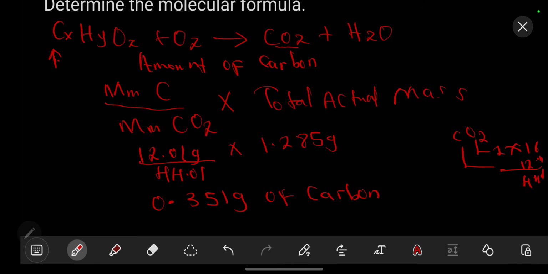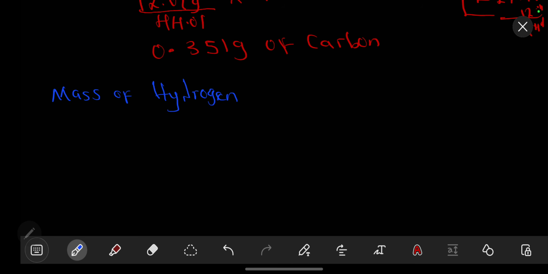We cannot go direct to find the mass of oxygen because it is also reacting with another oxygen. So the mass is mixed for oxygen. Therefore, we are going to first find the mass of hydrogen. To find the mass of hydrogen, what are we going to do? We use the same concept which I have introduced.